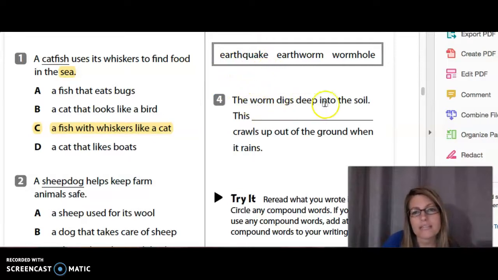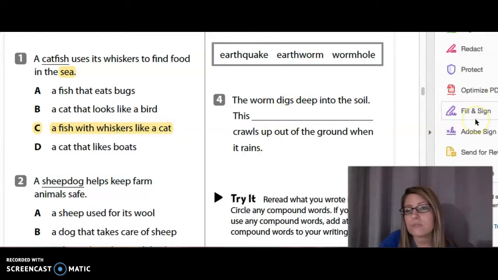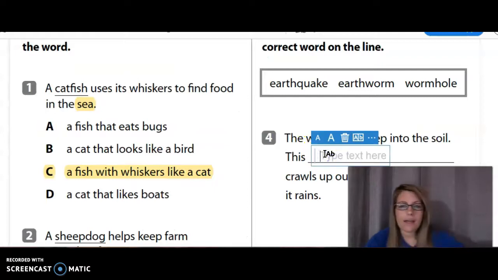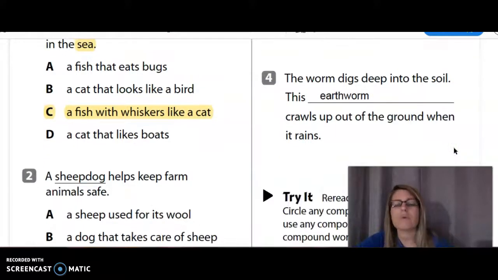The worm digs deep into the soil. This blank crawls up out of the ground when it rains. This earthworm crawls up out of the ground when it rains. Do earthworms crawl up out of the ground when it rains? Absolutely. So I'm going to go ahead and write earthworm as our compound word for sentence number 4.